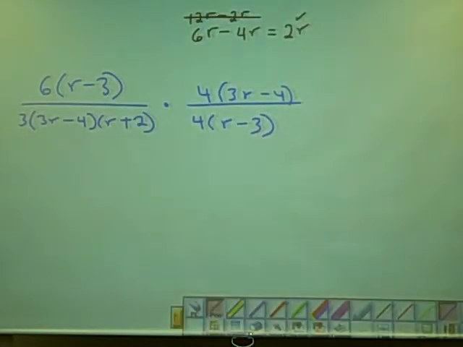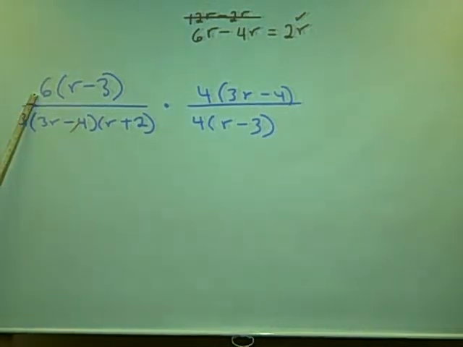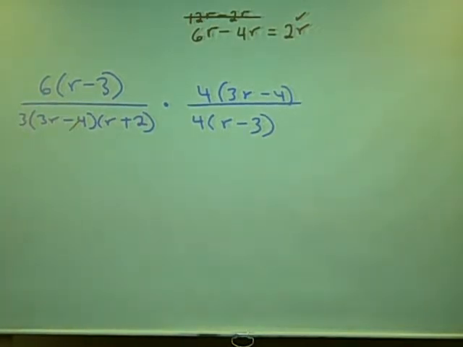Okay, well, let's see what can cancel here. Go ahead and try to cancel those, and we'll go from there. Alright, let's start with the 6, the furthest to the left, top. 6 and 3, they can cancel, right?